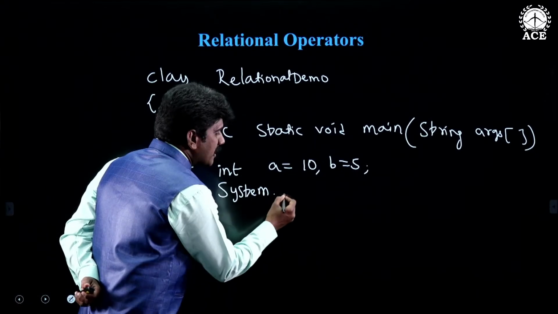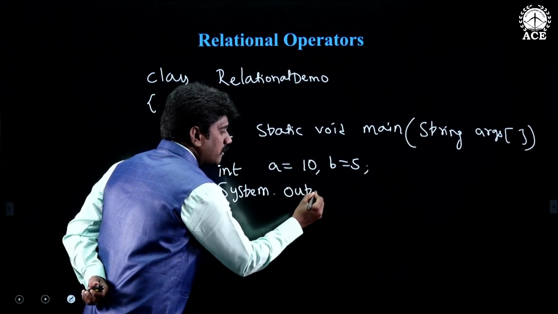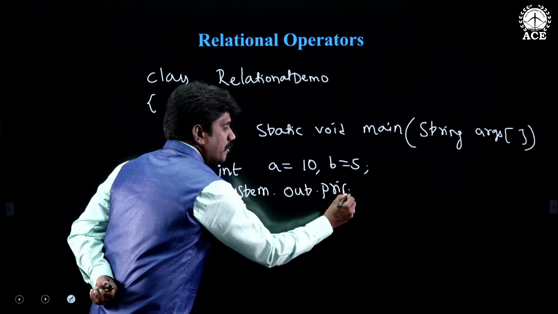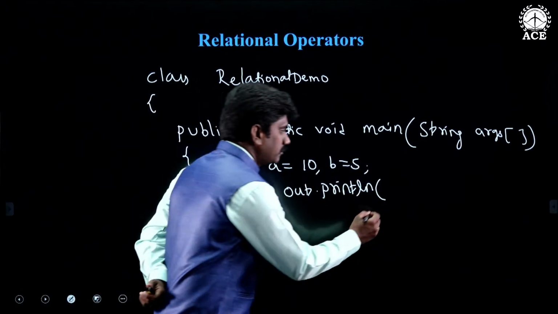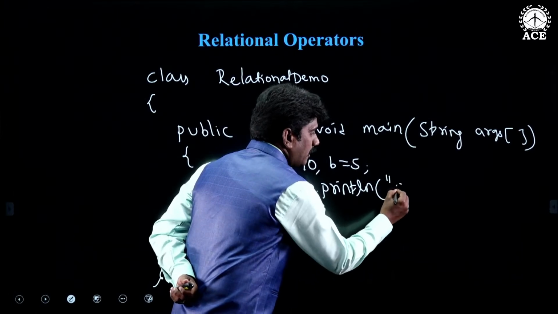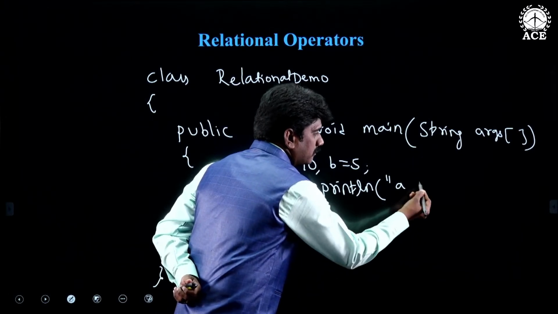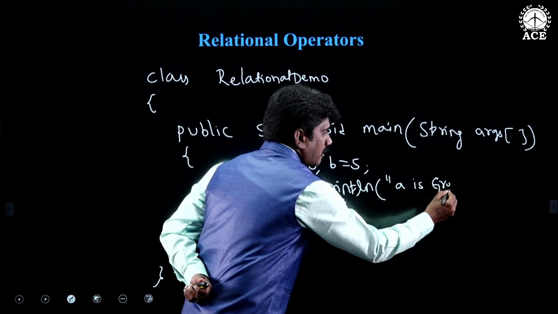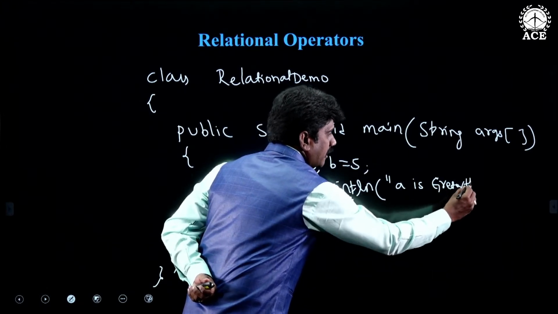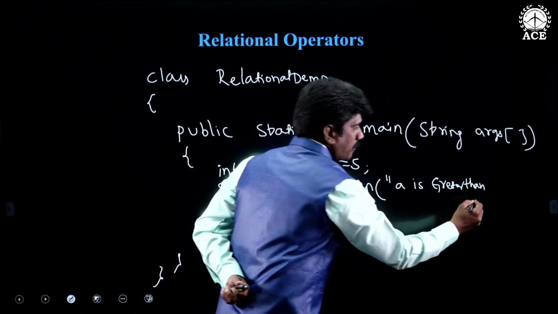System.out.println of a is greater than b.